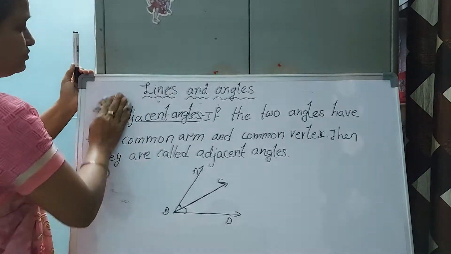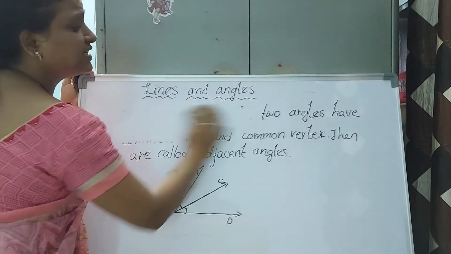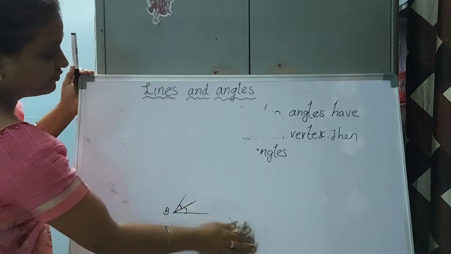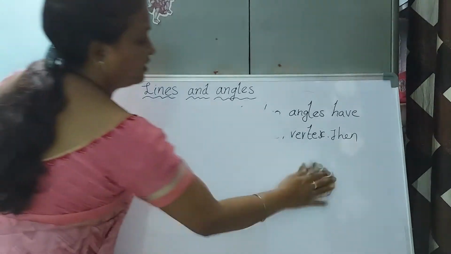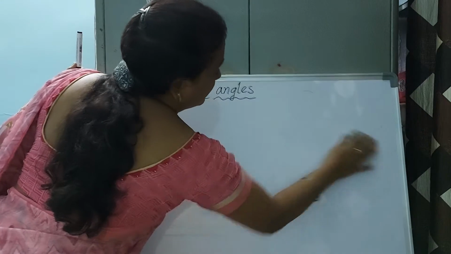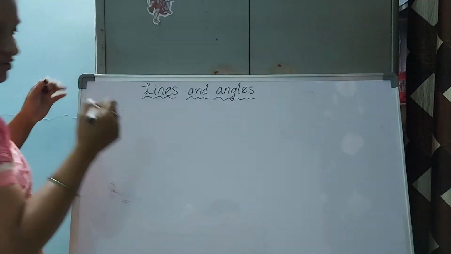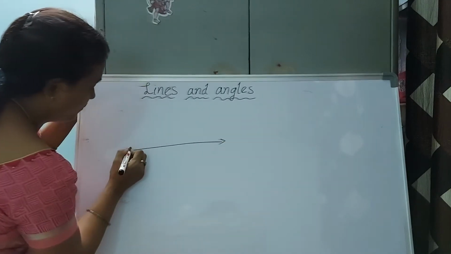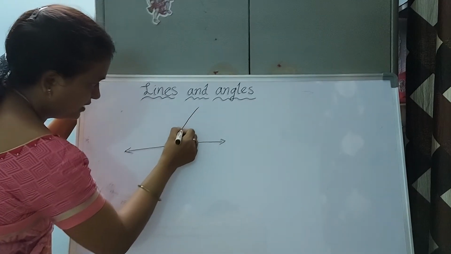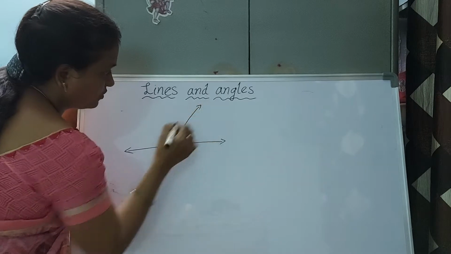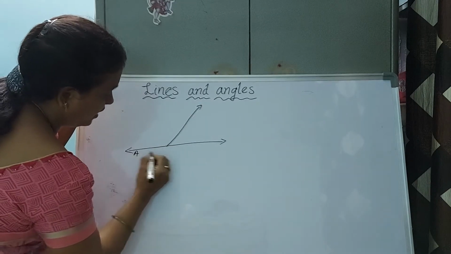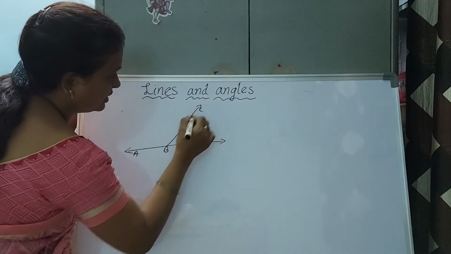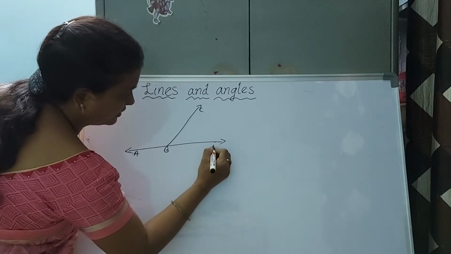Next, if the sum of the adjacent angles is 180, then we call it a linear pair. You know now very well about adjacent angles. See, these are adjacent angles, no? ABC is one angle and CBD is another angle.